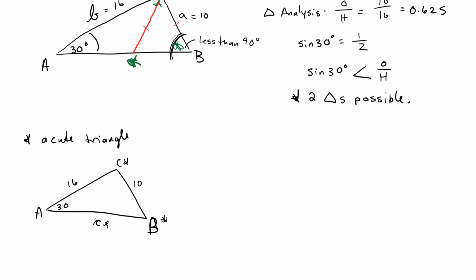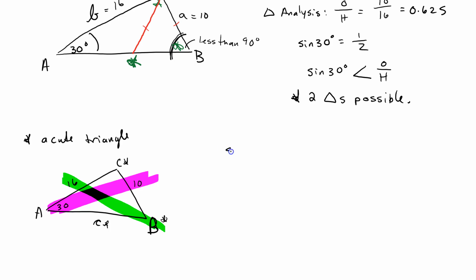We know that 30 degrees matches up with 10, and with that couple of information we can figure out this angle, and then solve for both C and little c.